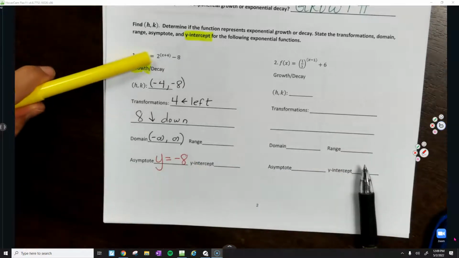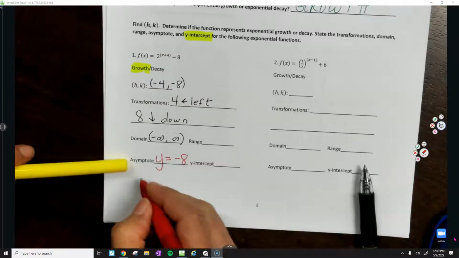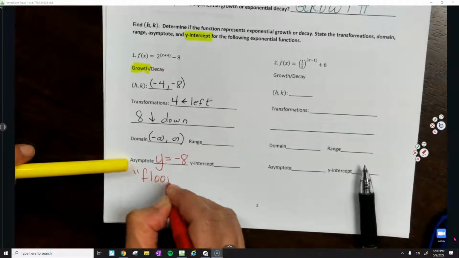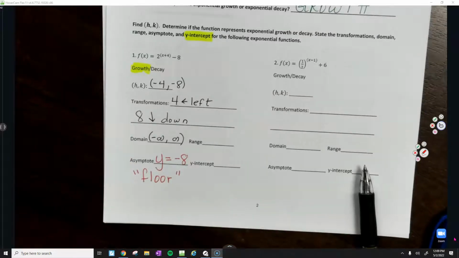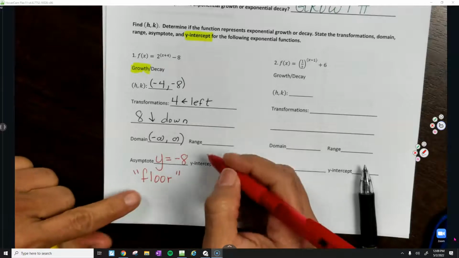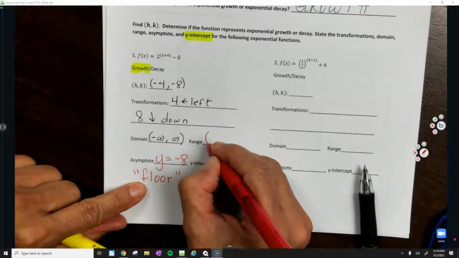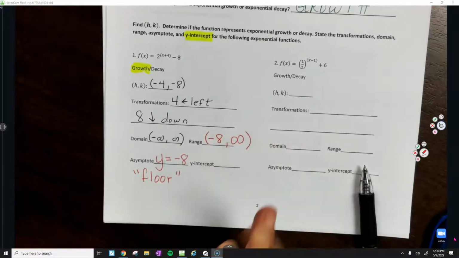Also notice we don't have an a value that's negative or anything like that. So this asymptote behaves like a floor. So once we've identified that it behaves like a floor, then we know that the lowest that this graph can get is approaching -8, but it does go up forever.